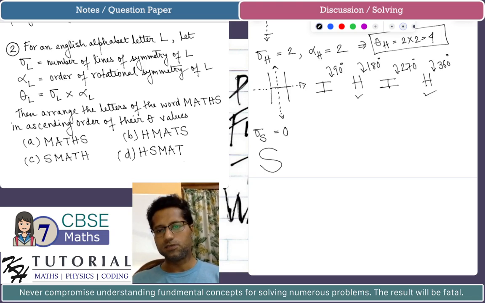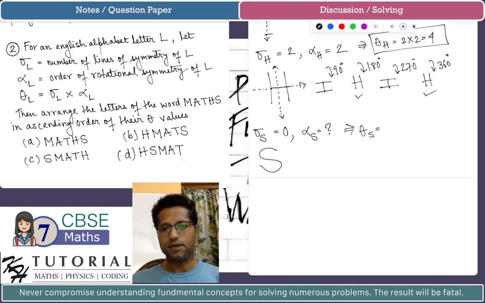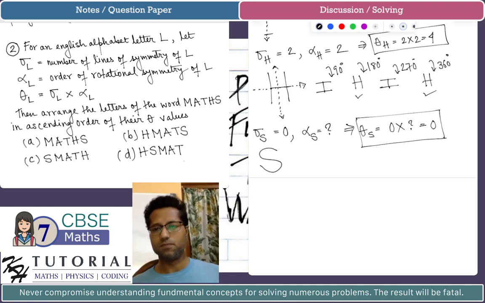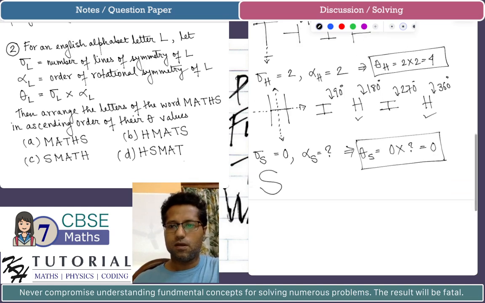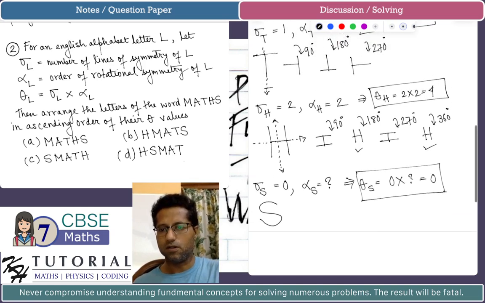Now if sigma S is 0, we need not compute the value of alpha S, because anyway we will always get theta S as 0, because theta S is sigma S multiplied by alpha S. So 0 multiplied by some question mark, whatever that value is, will always be 0. So theta S is 0 just because sigma S, the number of lines of symmetry of S, is 0. Okay. So now we have computed all the theta values.